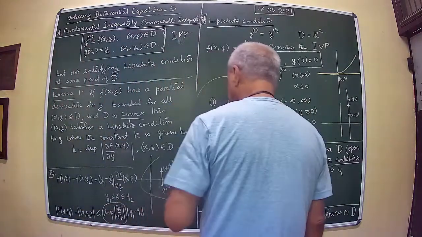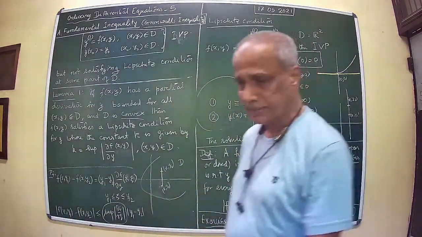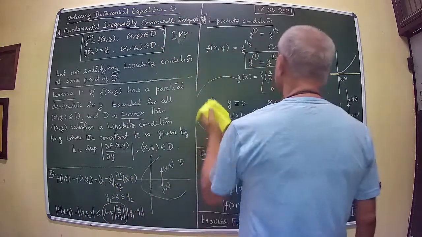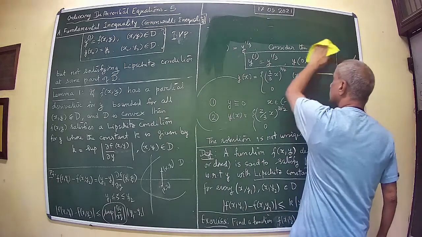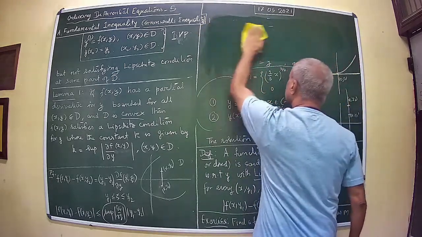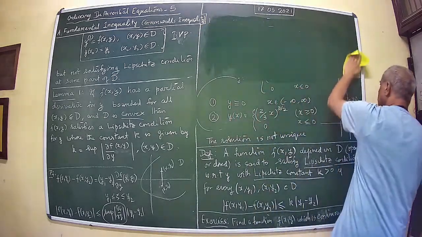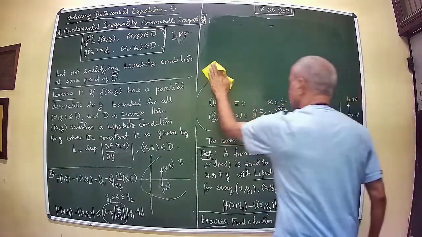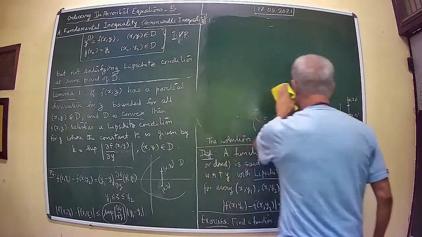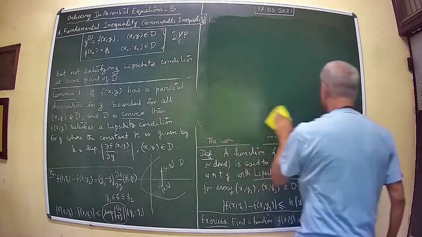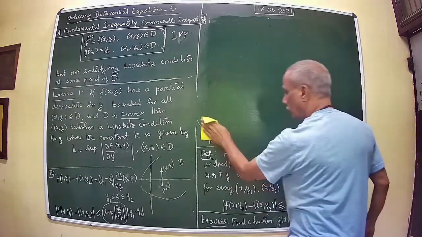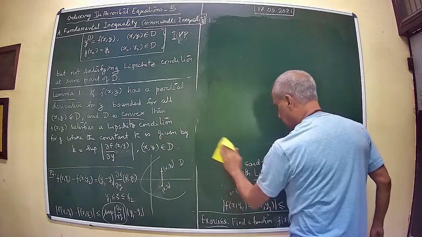However, this is a sufficient condition. For example, here you have an assumption that the partial derivative exists. So even if you don't have that condition satisfied, still the function may be Lipschitz. Now one example is this. You take f of x, y to be equal to mod y.